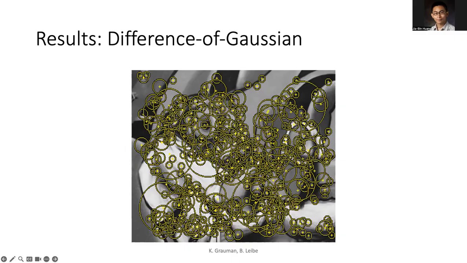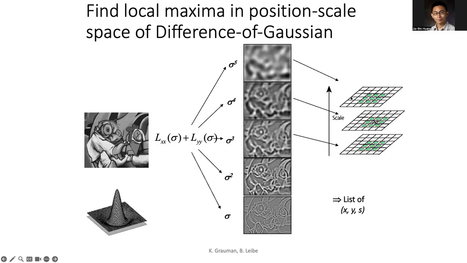If you have a slightly larger or smaller scale, that has a lower response than this particular scale. So you do non-maximal suppression not just along the X, Y location, but also the neighboring scales.